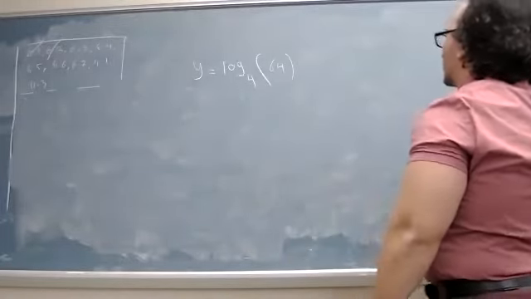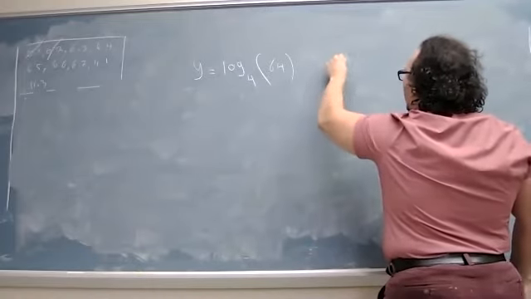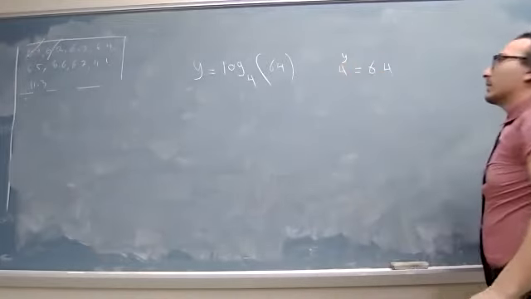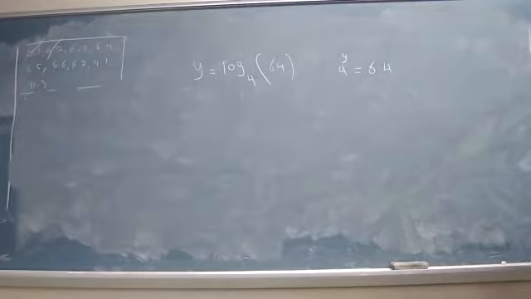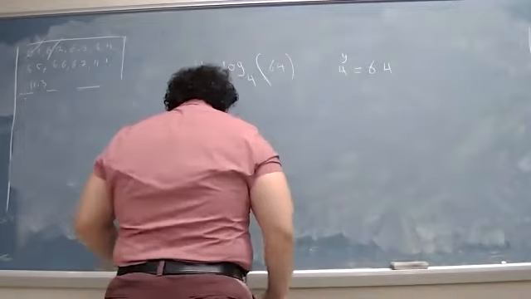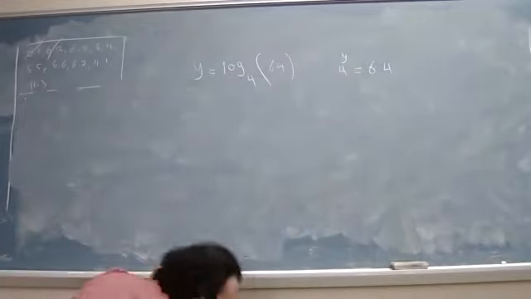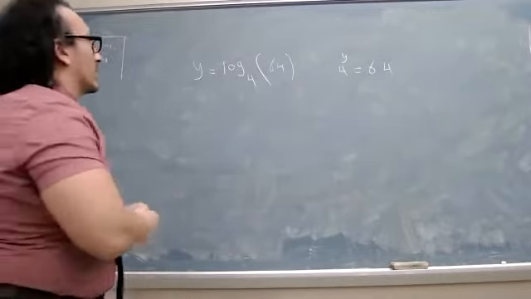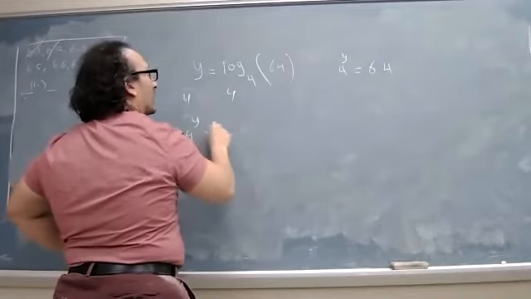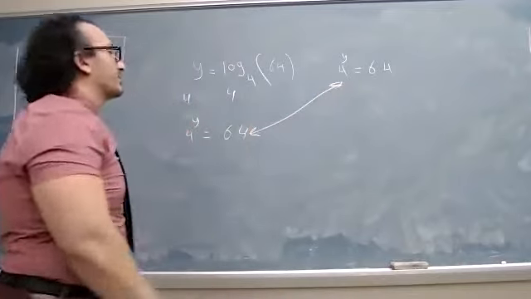Well, y is asking you a question. It's saying 4 raised to the y power is equal to 64. So how do we determine what that is? When you go from here, you just put a 4 here, you get 4 raised to the y power is equal to 64. That's how you get from here to here.